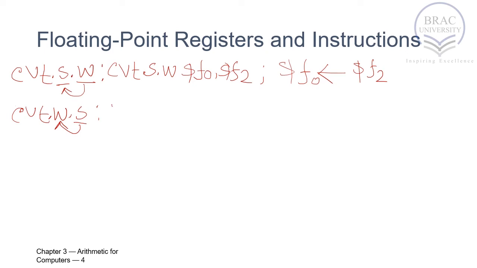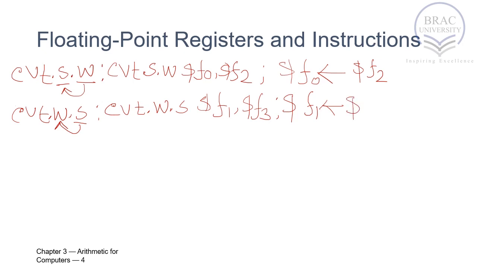So the syntax would be CVT.W.S F1, F3. What this means is register F1 now will hold whatever we had in F3.